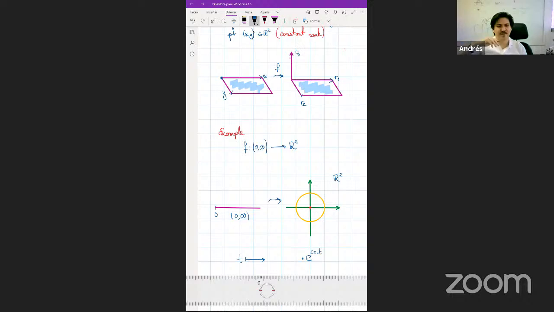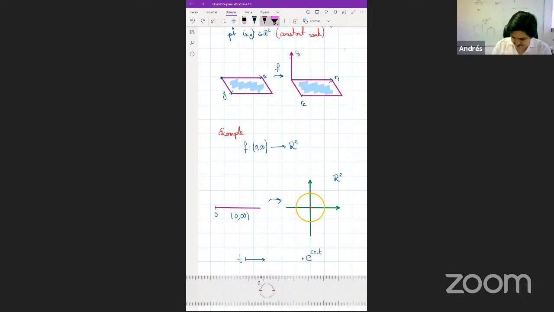Now I would like the radius to be approaching 1, but it's never 1. The radius can be given by 1 minus e to the minus t.